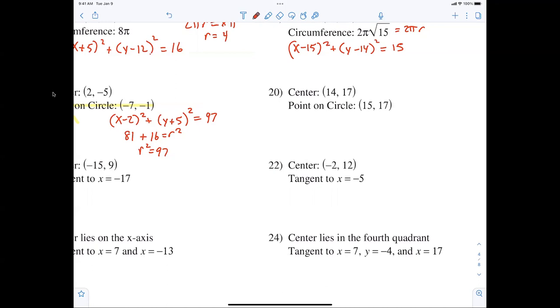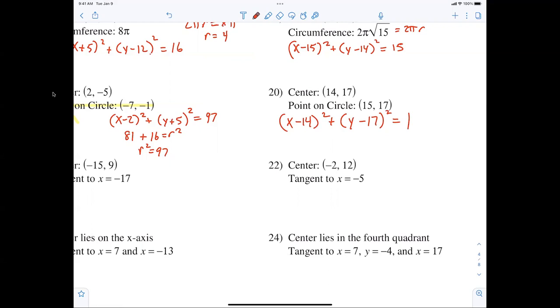Oliver, you ready? Go. I got x minus 14 squared plus y minus 17 squared equals 1. Does it equal 1? Yes. Anybody not sure if it equals 1? Anybody not sure about what's going on? Write out the left side of the equation, plug in a number, and that will solve for r squared.